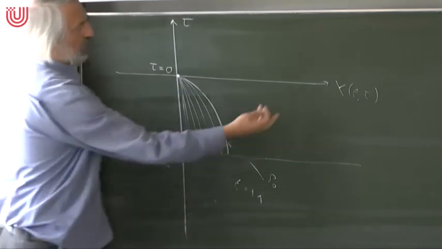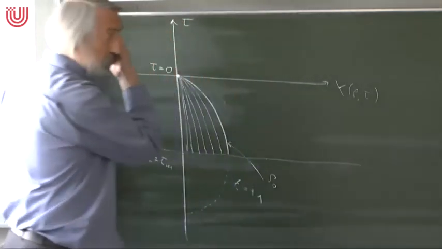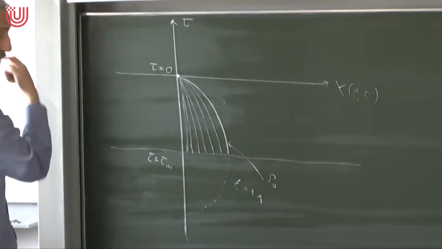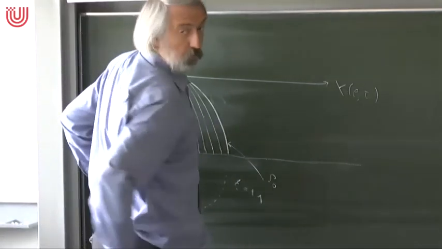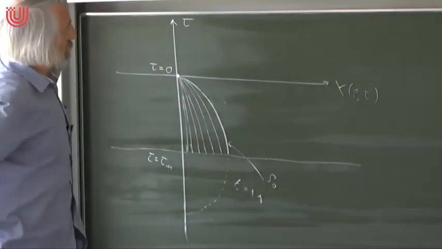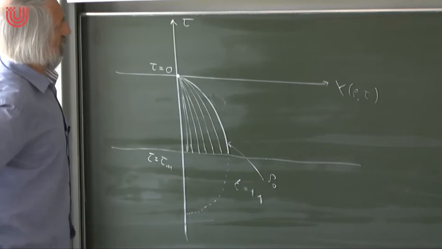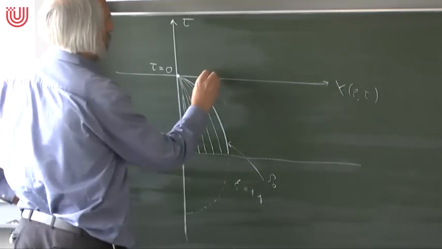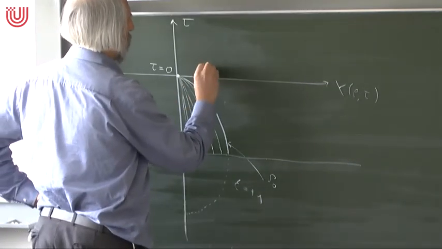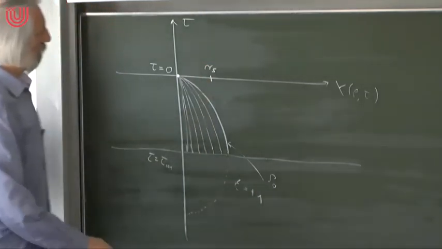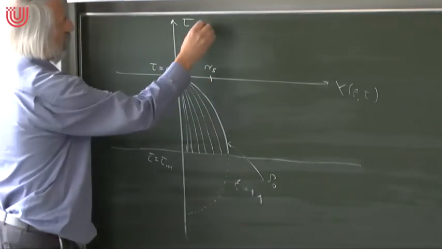Of course, this is now for our exterior Schwarzschild vacuum solution. This is the ordinary R coordinate. The area coordinate is the ordinary Schwarzschild coordinate. So somewhere here we have RS, our Schwarzschild horizon.